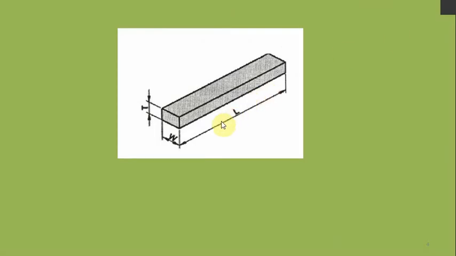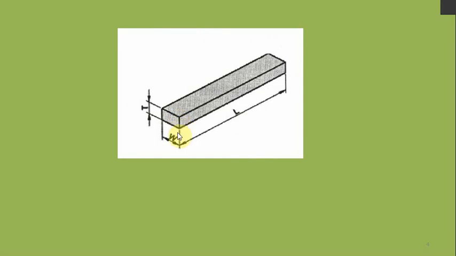So this is the typical figure for a key. A key is designated or specified mainly by three parameters: its key length, its key width, and its key thickness.